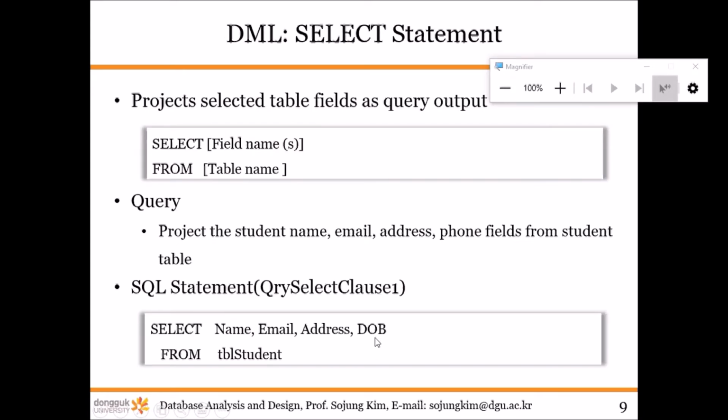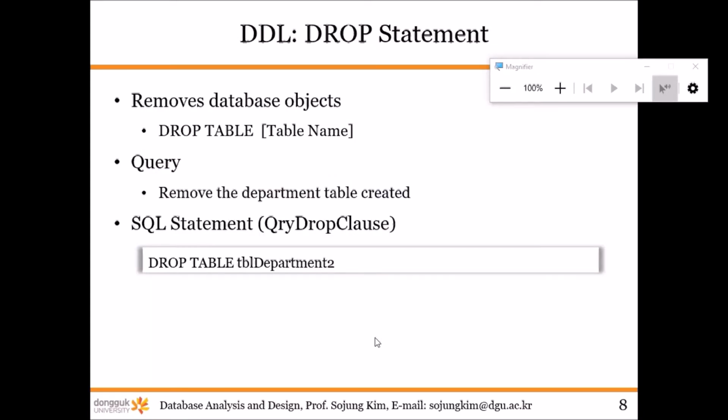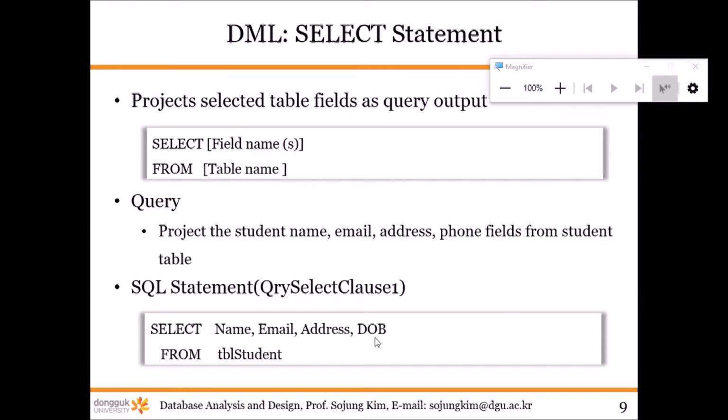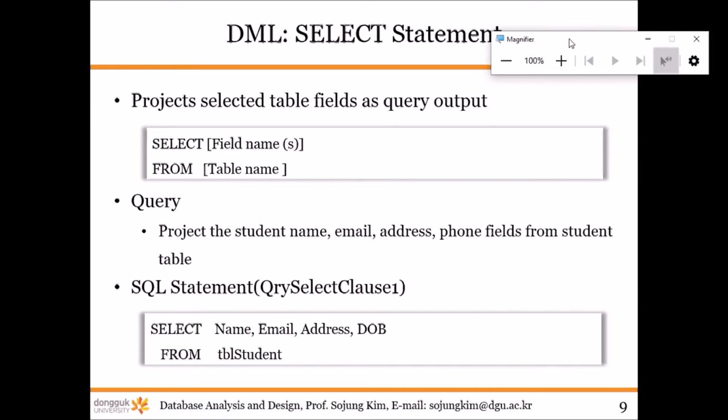Let me go back here. So let's talk about another statement, SELECT. It projects selected table fields as the query output. SELECT is the command, followed by the field names, FROM the table name. So project the student name, email, address, phone, and date of birth fields from the student table.